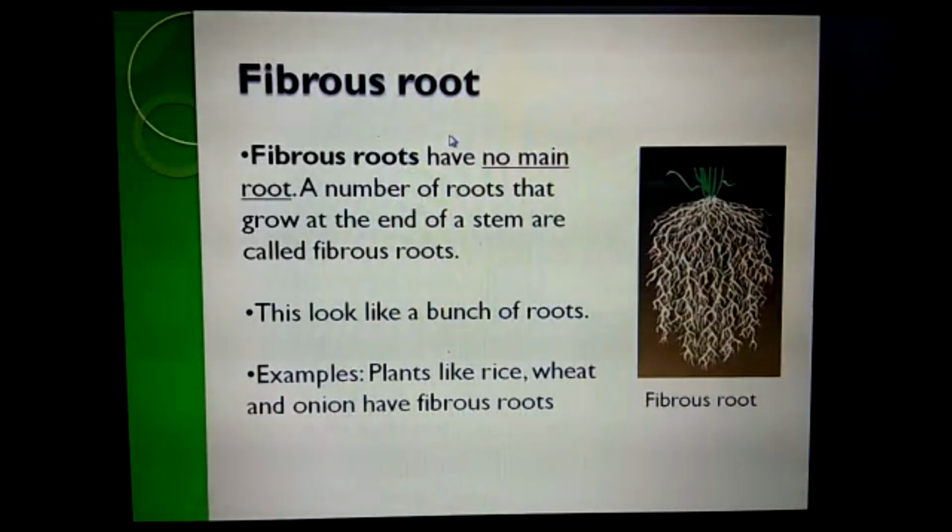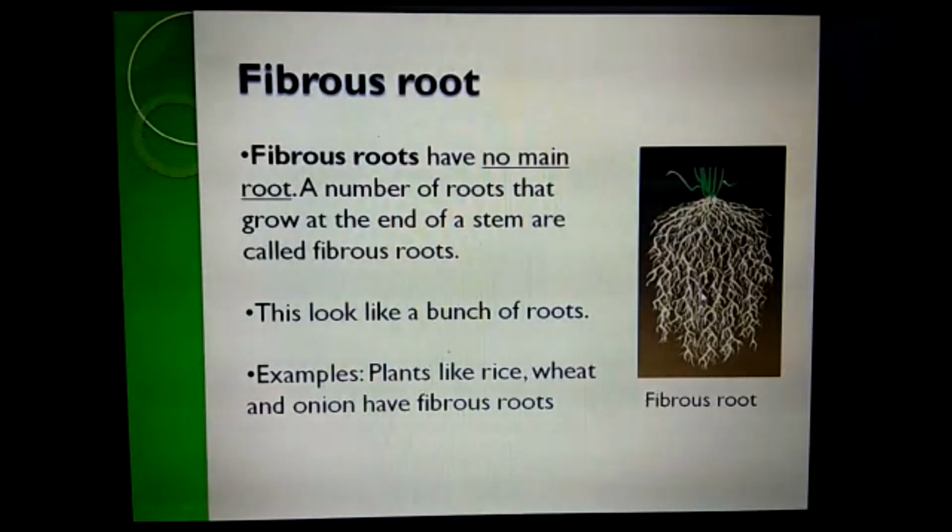Now, fibrous root. What are fibrous roots? Fibrous roots have no main root. A number of roots growing at the end of a stem are called fibrous roots. Just below the stem, several roots are coming out. बहुत सारी roots का bush निकल के दिखाई देता है and this is called fibrous root.